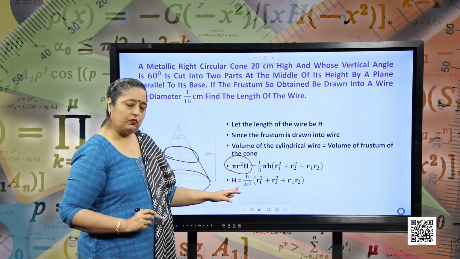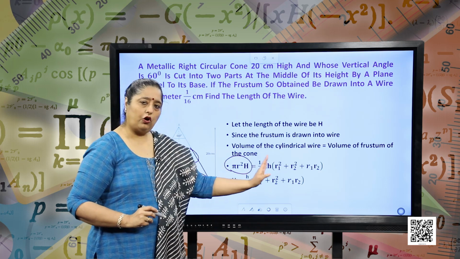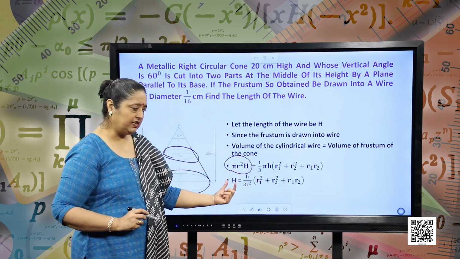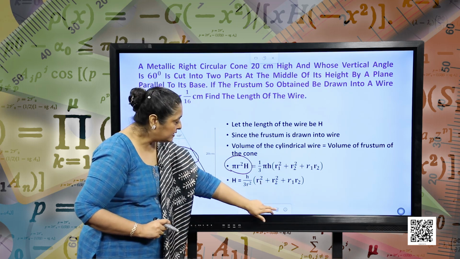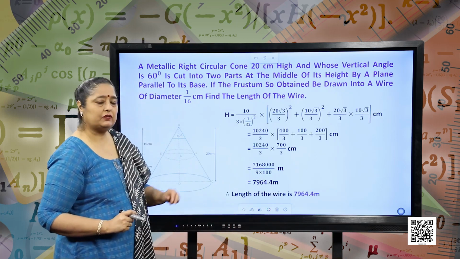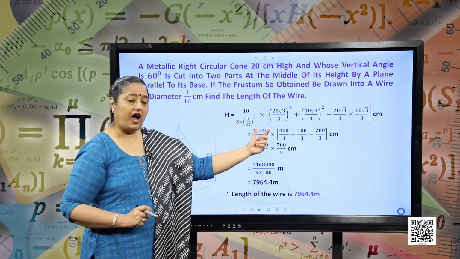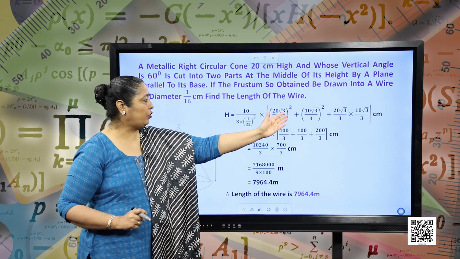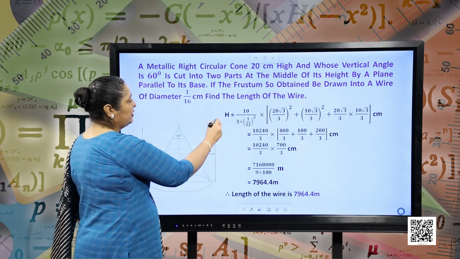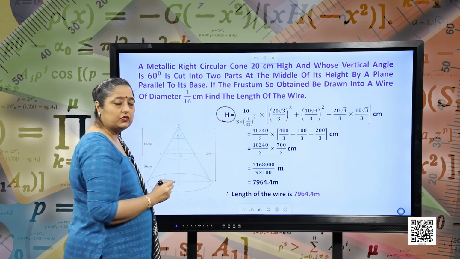So, let us find what h is, taking everything on the right hand side, keeping h on the left hand side, we get this. Now, what we have to do is substitute all the values R1, R2 and h, and we get the value for h. What is h?